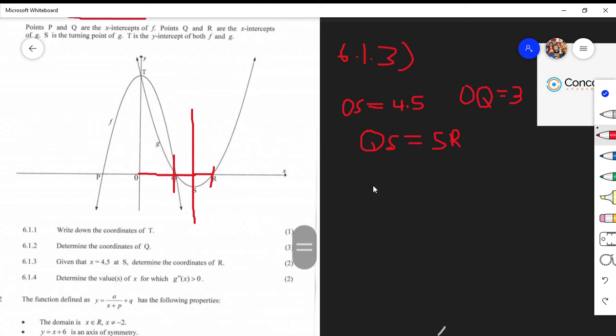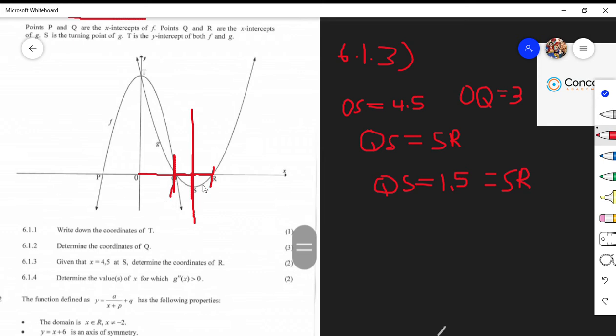So all we can do is take OS minus OQ and say 4.5 minus 3, and we would get our QS value as 1.5 units. And the distance from S until R is the same distance as Q to S, so that must also be equal to 1.5.